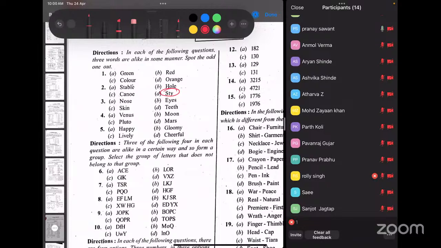Third: nose, eyes, teeth, skin. I think option D, sir, because A, B and C we can sense feelings, like from eyes you can see. Teeth is not.